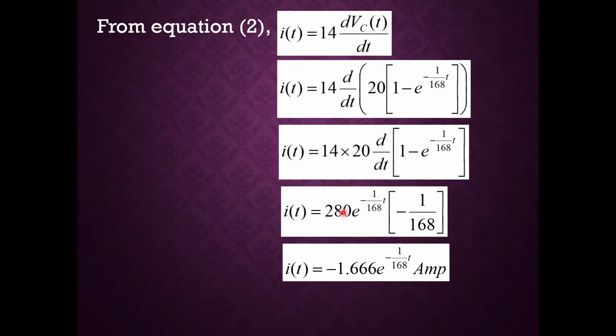Just simplify this, you will get I of t equal to minus 1.1666 e power minus 1 by 168t amperes. Okay, simple differentiation. I hope you know differentiation. If you know the differentiation, you will be able to solve.